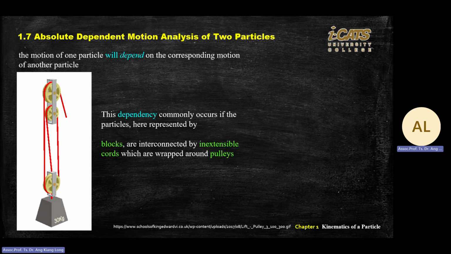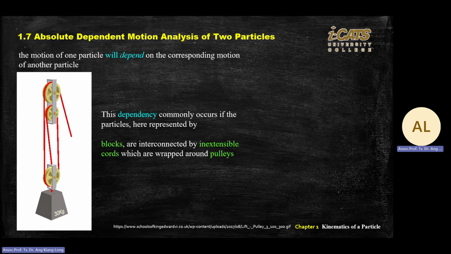In statics, your mu is mu S. If the object does not move, then you use mu S. If the object is moving, then it's kinetic friction. Now, in your final question, it will ask something like, what is the minimum force required to move this object?